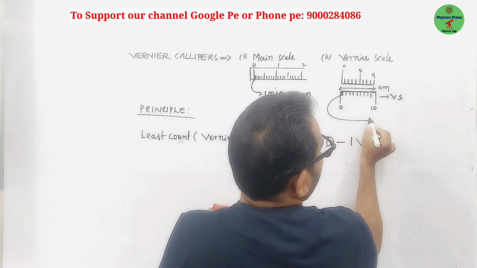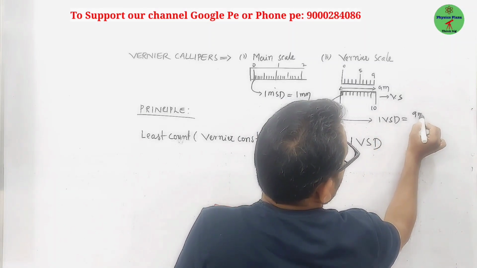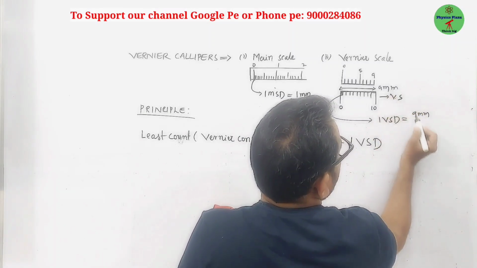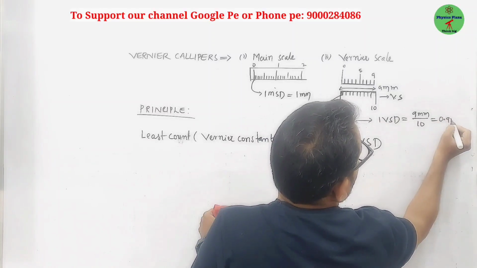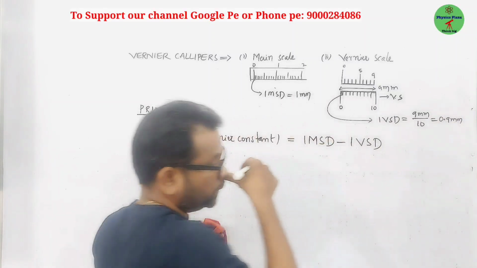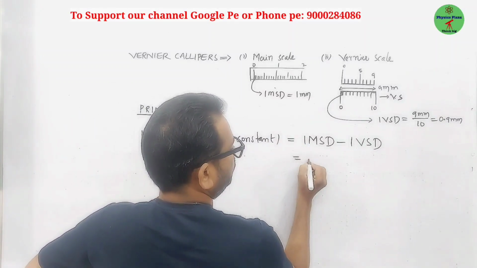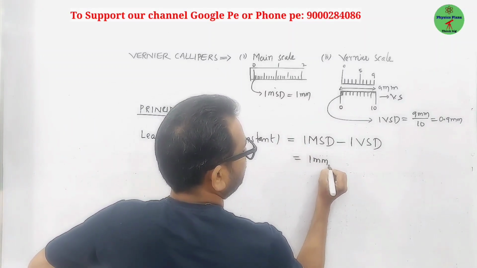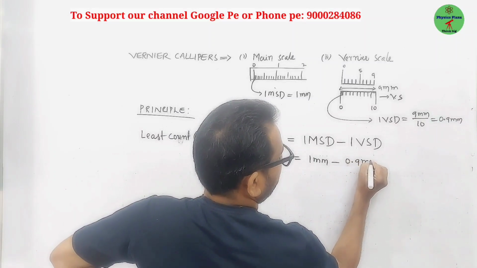So if you want 1 VSD, the total length of 9 millimeters is divided into 10 equal parts, which is equal to 0.9 millimeter. So here 1 MSD is 1 mm minus 1 VSD is 0.9 mm.